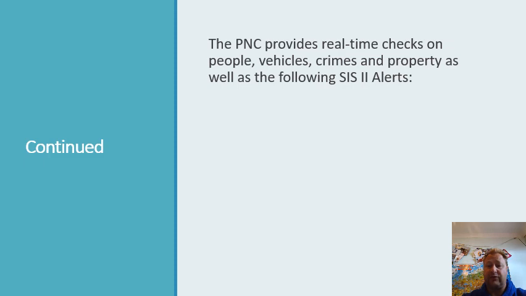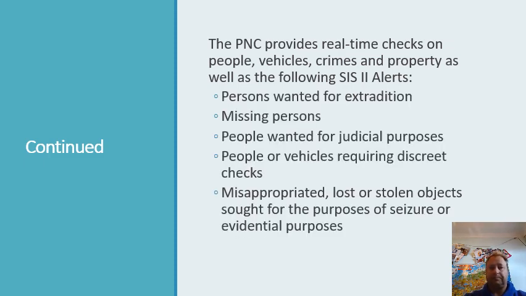It can provide real-time checks, so they can type in a registration and see whether it's a missing car, and if not, ignore it. It's used for some serious stuff and some not so serious stuff: missing people, extradition, stolen objects, vehicles.